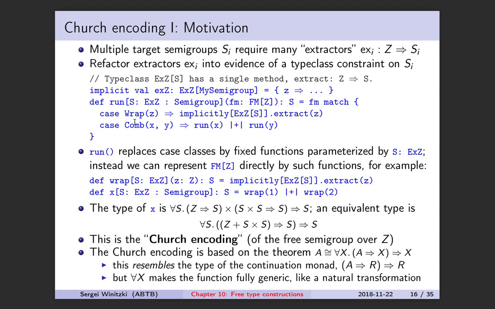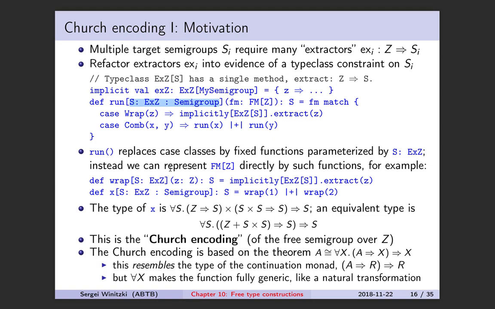So instead of representing a free semigroup through these case classes, represent it directly through these pieces of the run function. In other words, instead of saying that the free semigroup value is of type wrap, we say it is equal to this function, which will be parameterized by this semigroup S with two type class constraints.